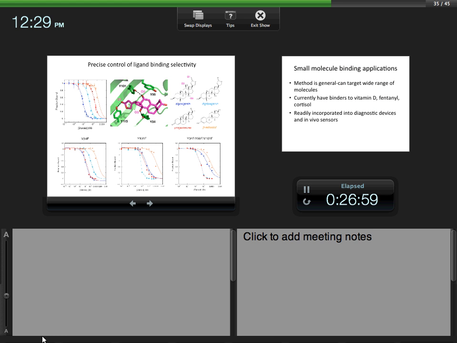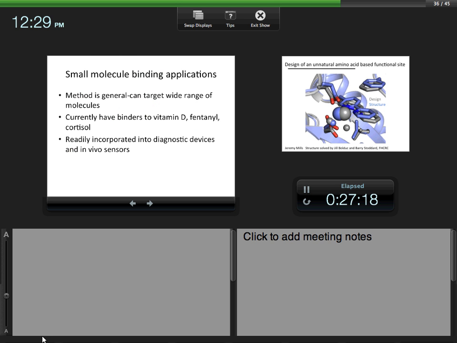The nice thing about the design site, if you get the design right, is you can then rationally manipulate it. I'm not going to go through this in detail, but by controlling the hydrogen bonding groups at these positions, we can manipulate the specificity for a series of related steroids. Now we're testing these methods out to make binders to a number of different compounds.